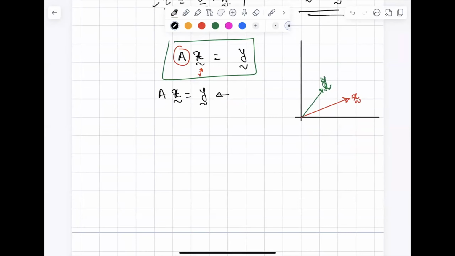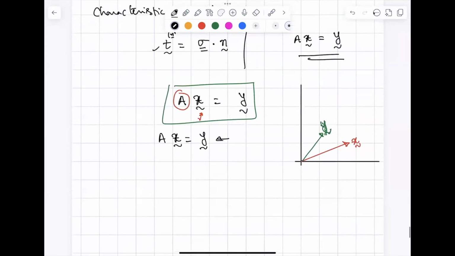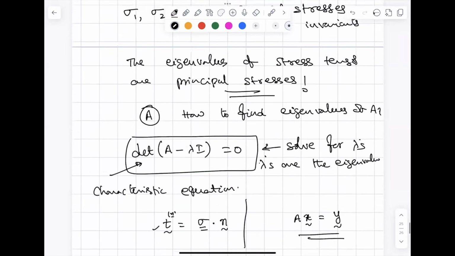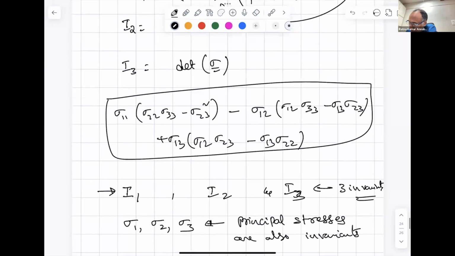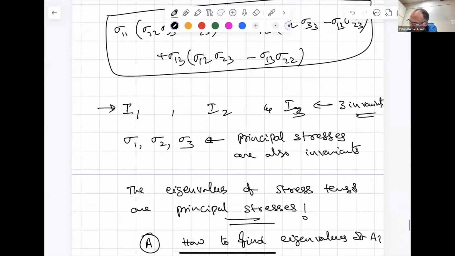Sir, one question. Initially you said that for a second order tensor, if you have a 3 by 3 matrix, then you have 3 invariants, right? Correct. Then why are we also getting a fourth, like the principal stresses are also invariants? Because you will see that I1, I2, I3 can be written in terms of principal stresses and vice versa.